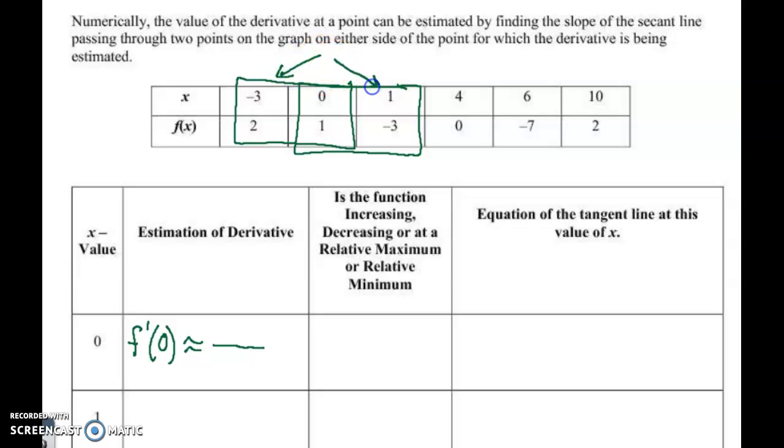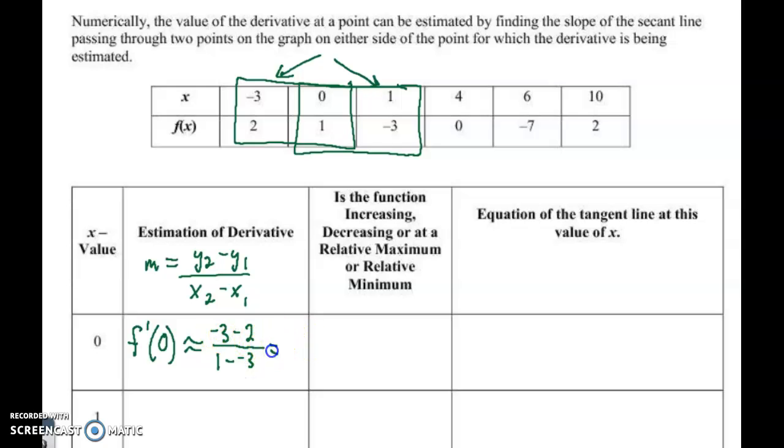Now, my preference is to use the outside points, and as a reminder, slope is just y2 minus y1 over x2 minus x1. So if I were doing this problem, I would use the y-coordinates, so negative 3 minus 2, over the x-coordinates, so 1 minus negative 3.